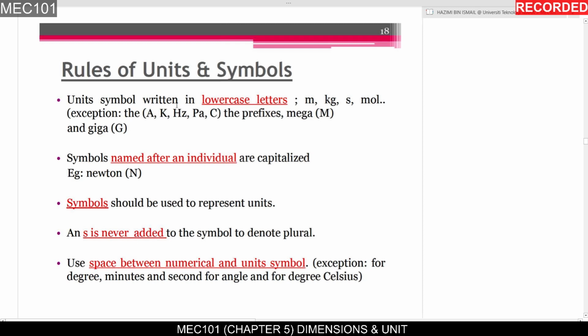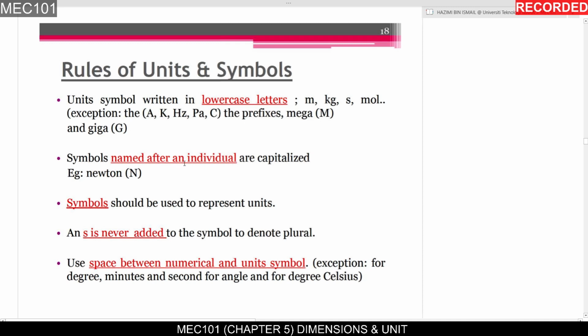Unit symbols are written in lowercase letters, so the unit must be in lowercase. Exceptions are the ampere, Kelvin, Hertz, Pascal, and C here. I don't think this is the Celsius.